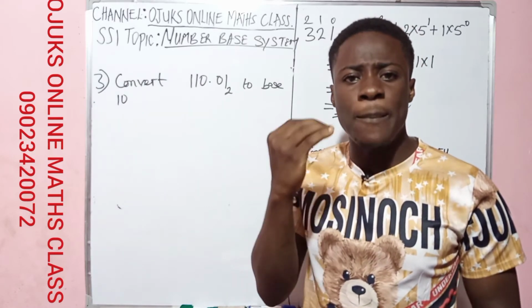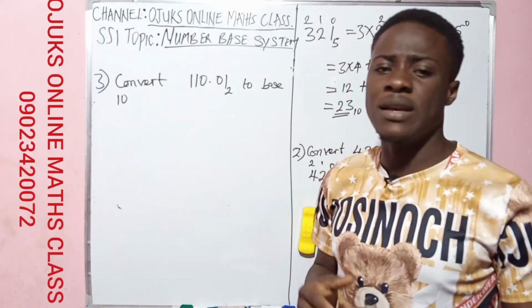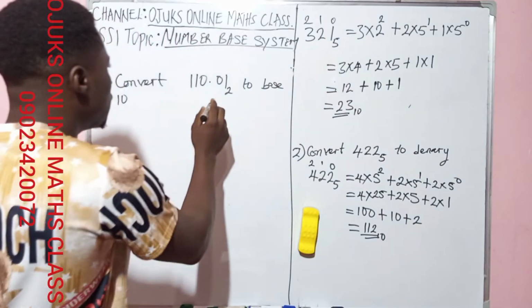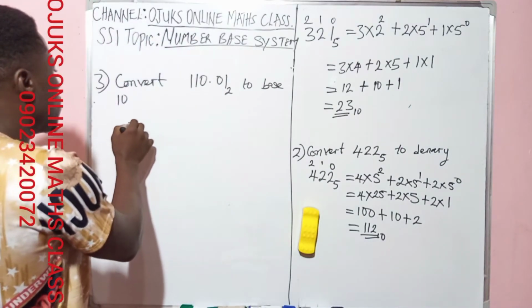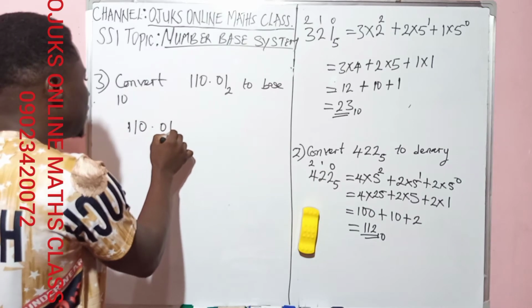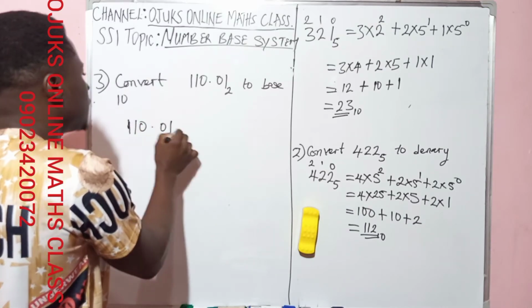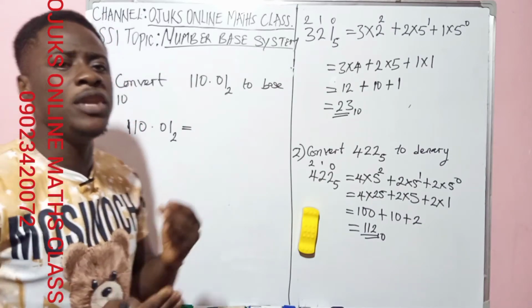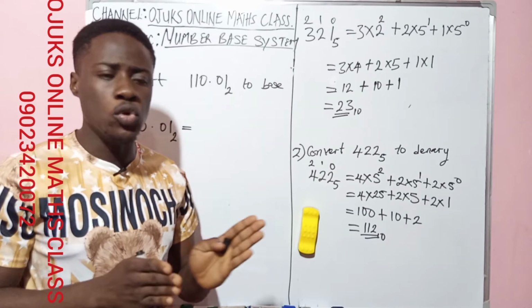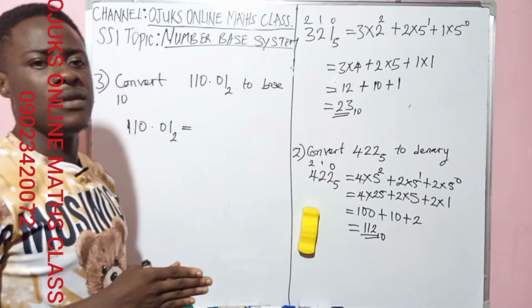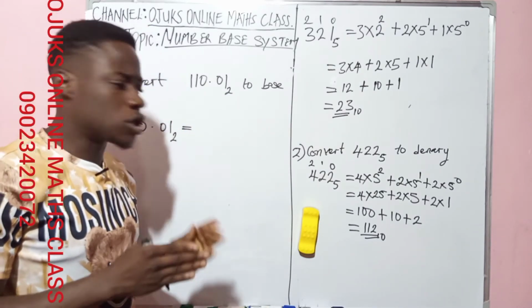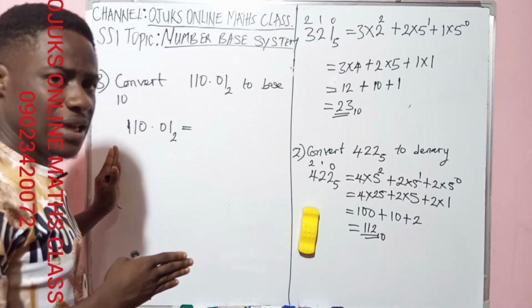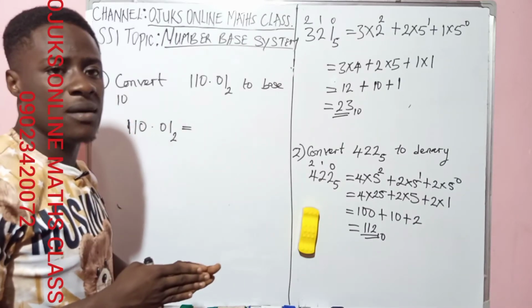Now, how do we then assign our powers in this case, or in terms of this decimal number? Now look up here. To solve this, we'll have 110.01 base 2 to be converted to base 10. Now we have a unique way of assigning powers to this kind of value that is in decimal. If you observe this decimal number, we'll have the whole number part and as well the decimal part.